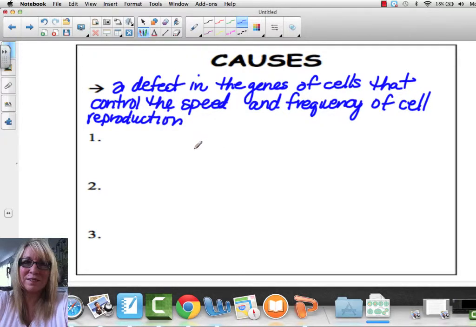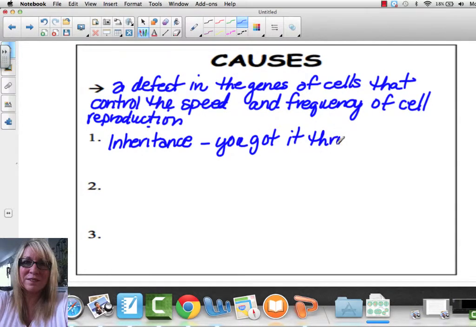Now, you can get it through inheritance, meaning you got it through the genes of your mother or father.